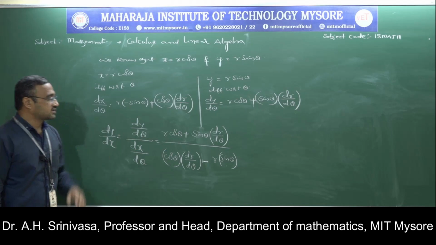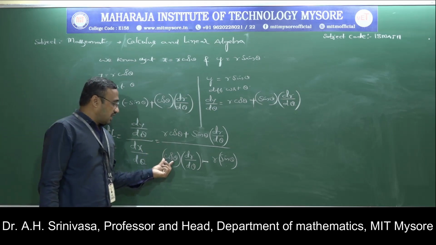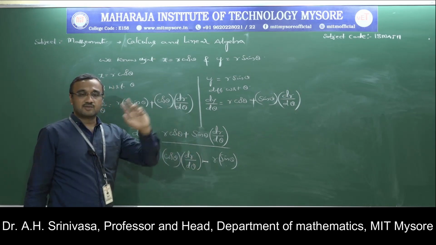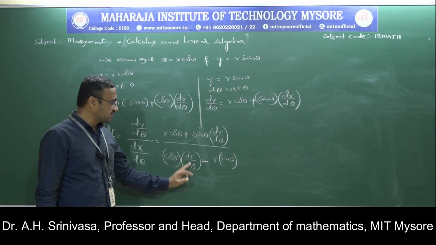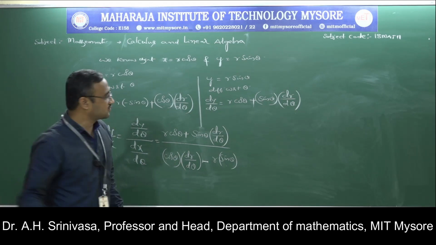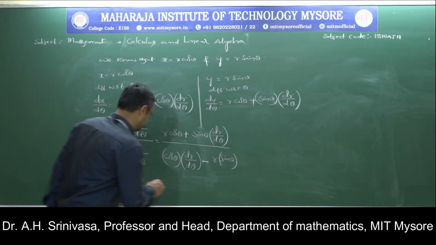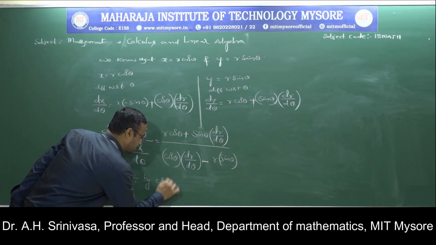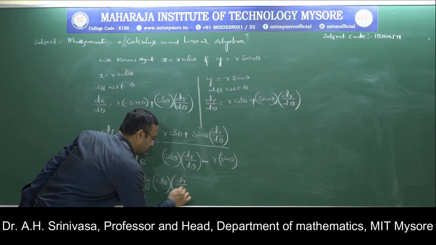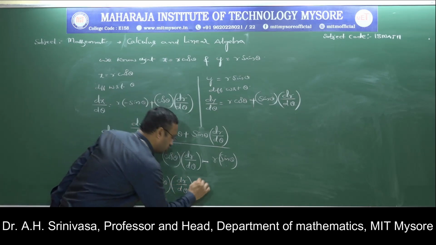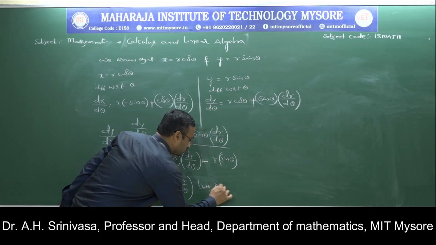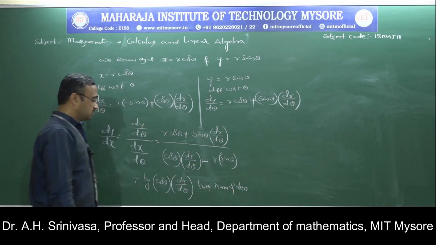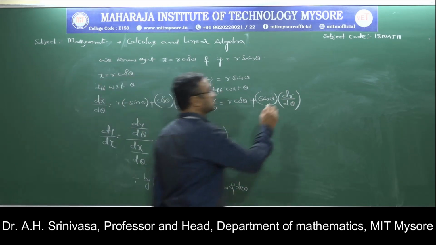Now take a term as a common factor, that is cos theta dr by d theta, or divide both numerator and denominator by cos theta into dr by d theta. Now check what we get.